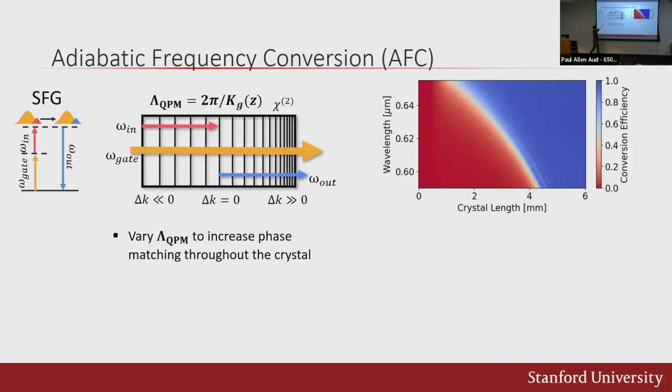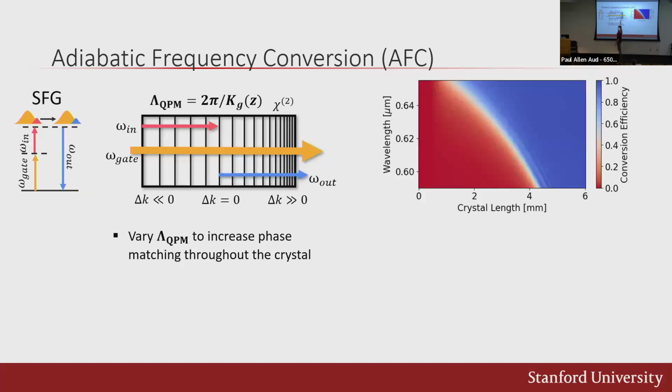What I mean by chirping is that we're going to sweep the quasi-phase matching period so that the phase matching condition is satisfied for all of the different input frequencies that make up my pulse. Then what I see is that each of the input wavelengths, here in red, is converted at some position to my output wavelengths in blue.